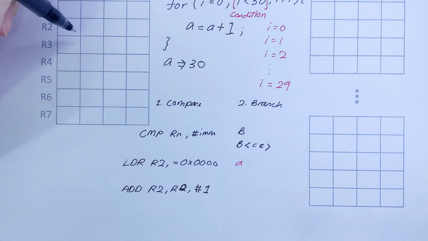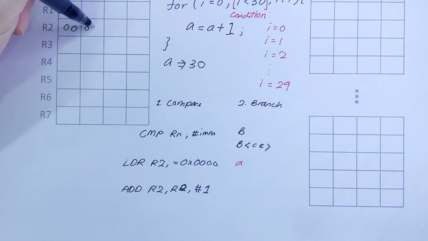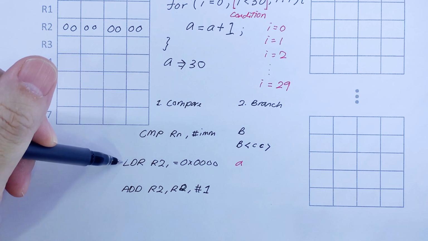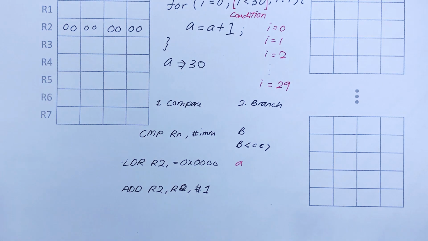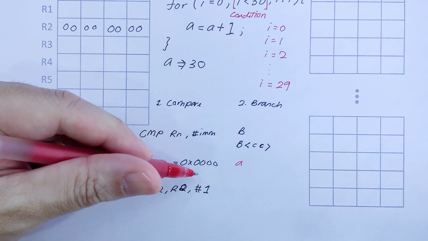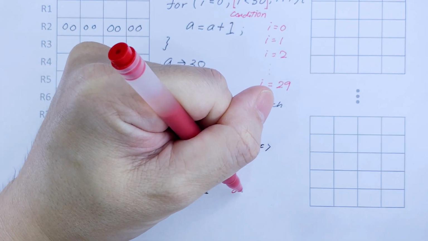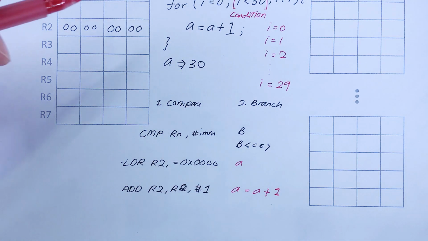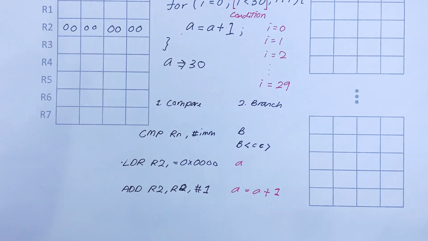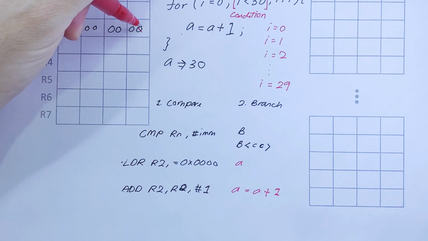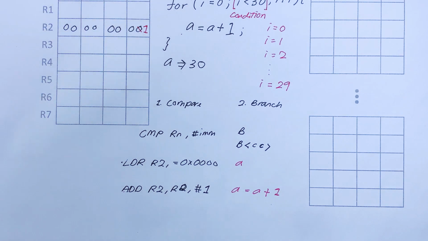So my R2 will start as 0, as what we initiated in the beginning. Then every time we encounter add R2 with 1, it basically means A equals A plus 1, as in our for loop.